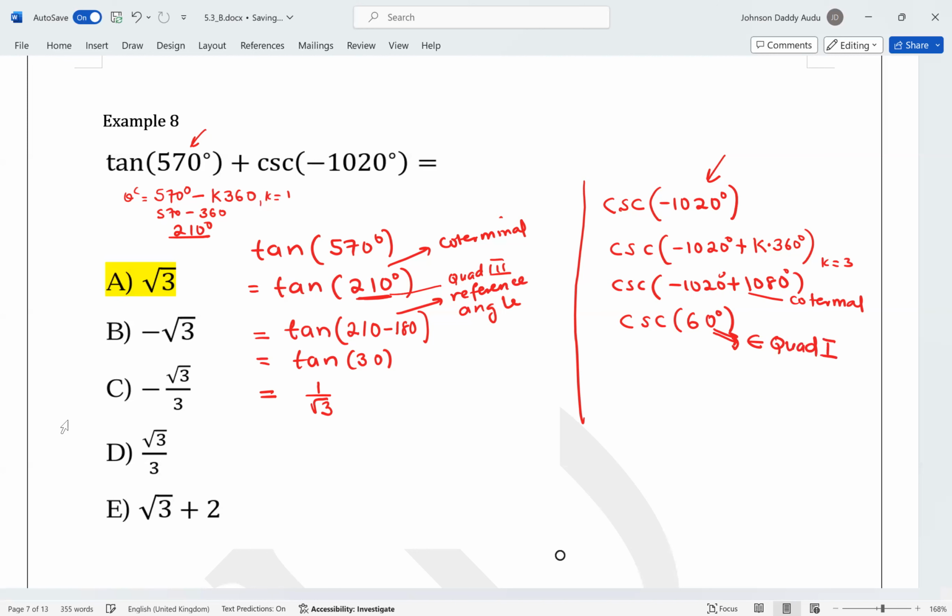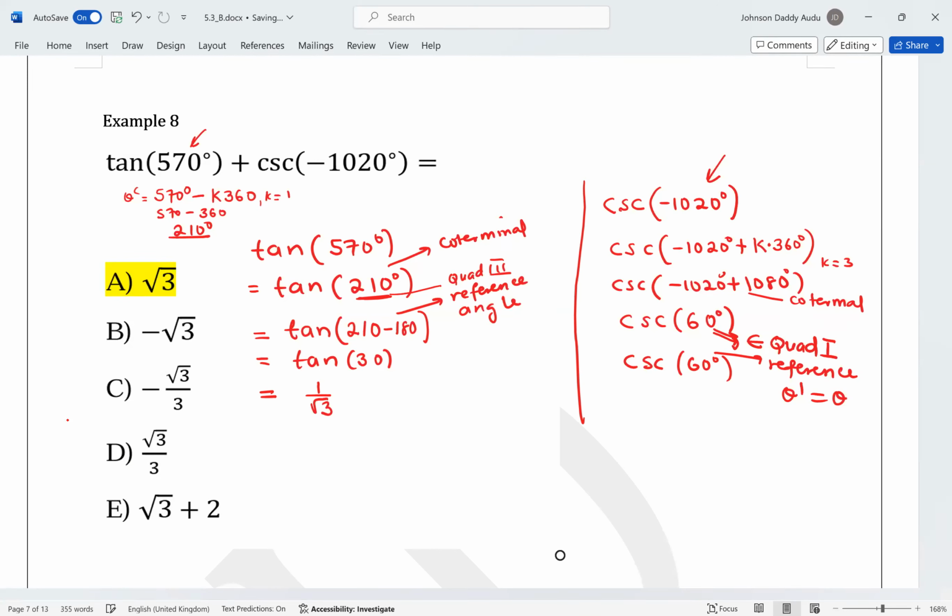So if it's in quadrant 1, it means it's going to be the same as the reference. So it's still going to be cosec 60, because this 60 is still the reference. Because when you are in the first quadrant, remember, these are the same.